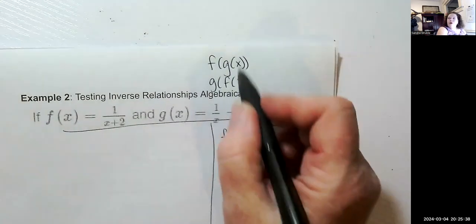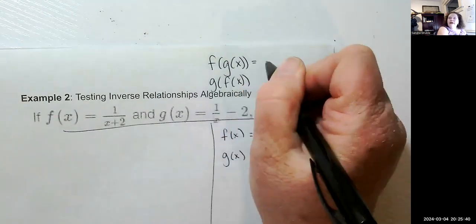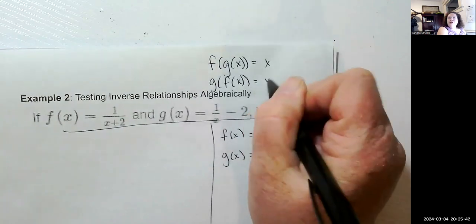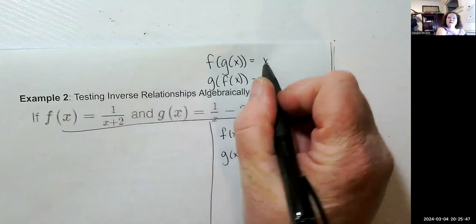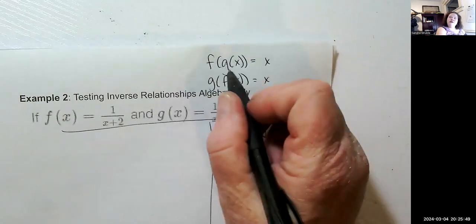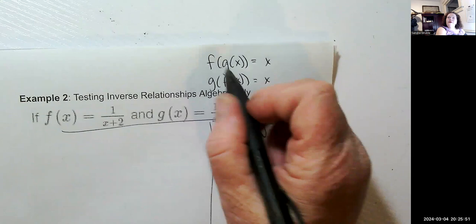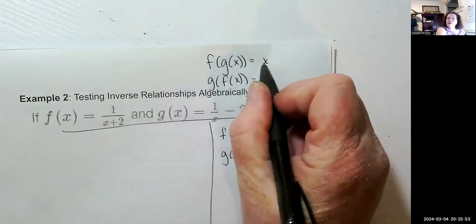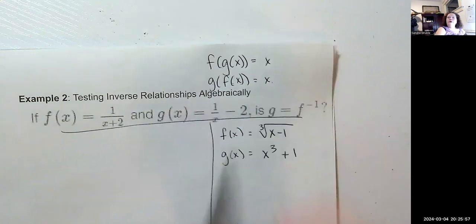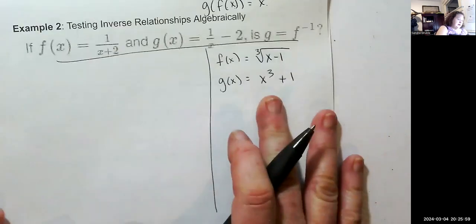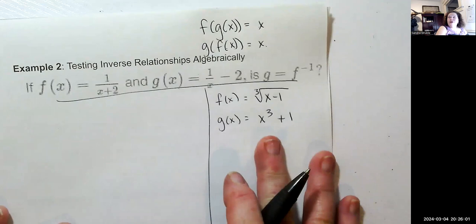When we do each one, we only need to choose one of them. The answer we should get is x. If they are truly inverses of each other, f of g of x would equal x, or g of f of x would equal x. So let's check that out. If they don't equal x, then they're not inverses of each other.